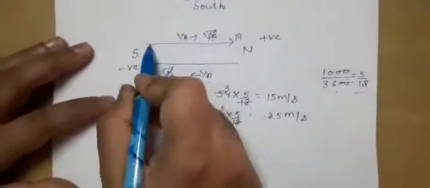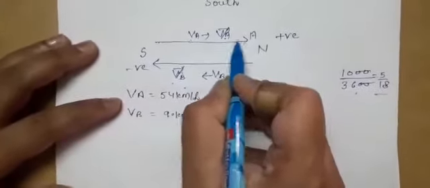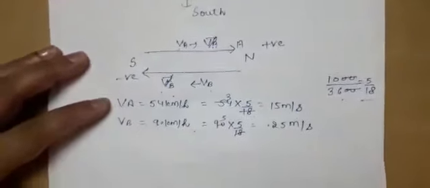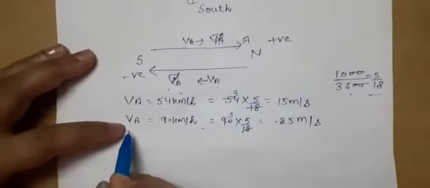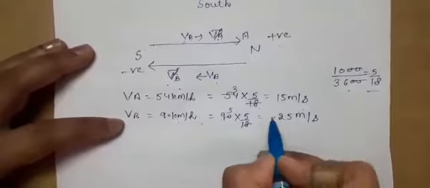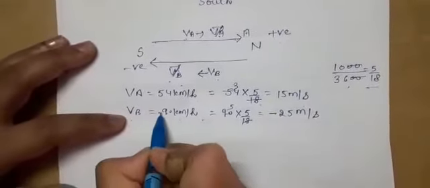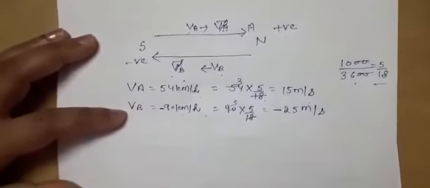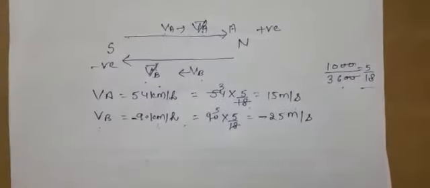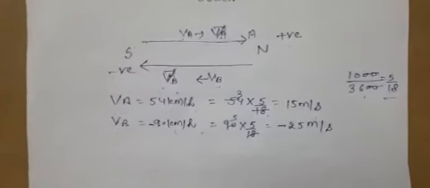When we apply this concept here, the right side or the upward direction will be positive and the opposite direction will be negative. So the velocity of B, VB, should be negative. What is the significance of the negative sign? That is the opposite direction. We are taking the direction of A as the standard direction.